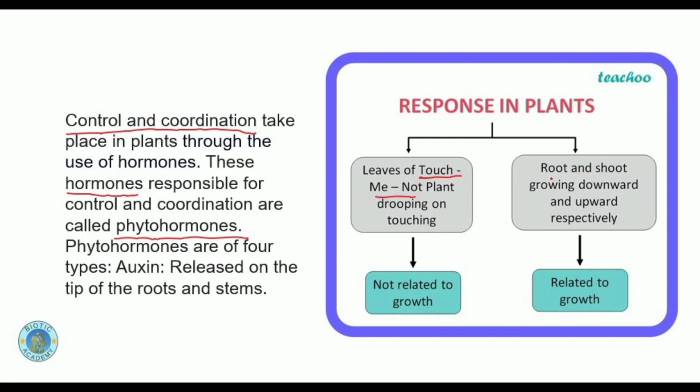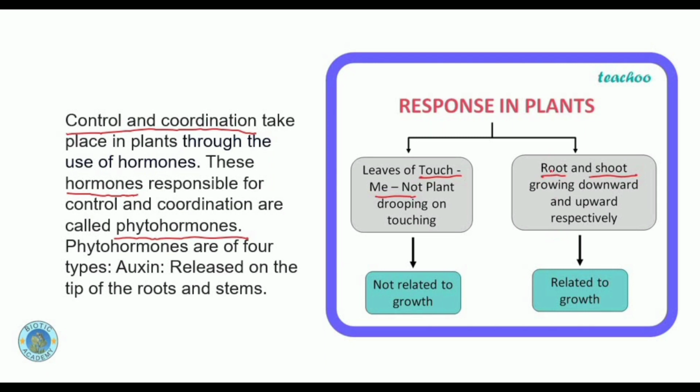Here again you can see that the root also shows its response to stimuli. What are the stimuli for them? In this chapter we will discuss the stimuli for the roots and shoots. One important thing which you should understand is that plants do not always show their response positively to the stimuli.